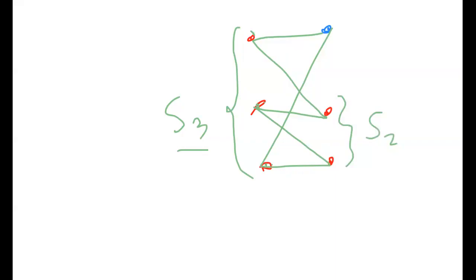So altogether, we have an action of S3 times S2. And this action is free on the space of paths. And it's transitive because if you have any path, you can just rearrange the points on the left and on the right to get it into the form of the path we've drawn here.